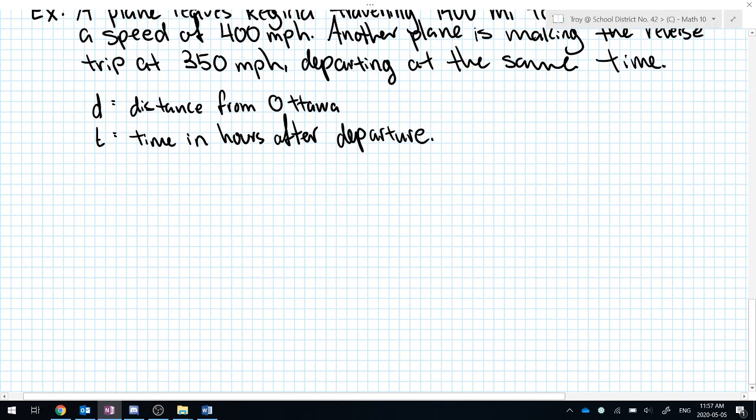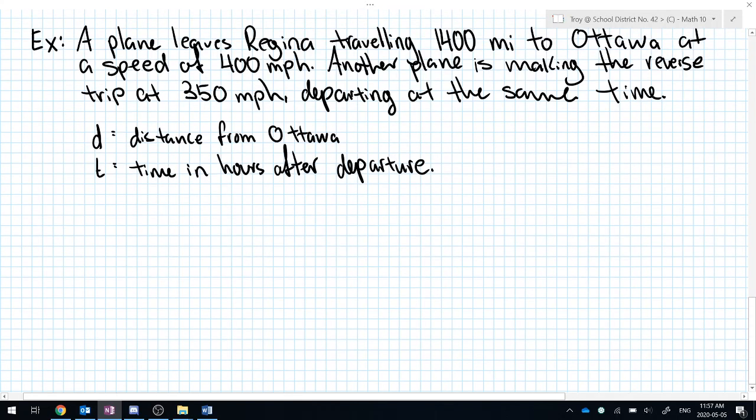Okay, so the first plane is going to be having a system like this. The distance from Ottawa at the very start is 1,400 miles, but that distance becomes less as the plane makes its way to Ottawa, right?